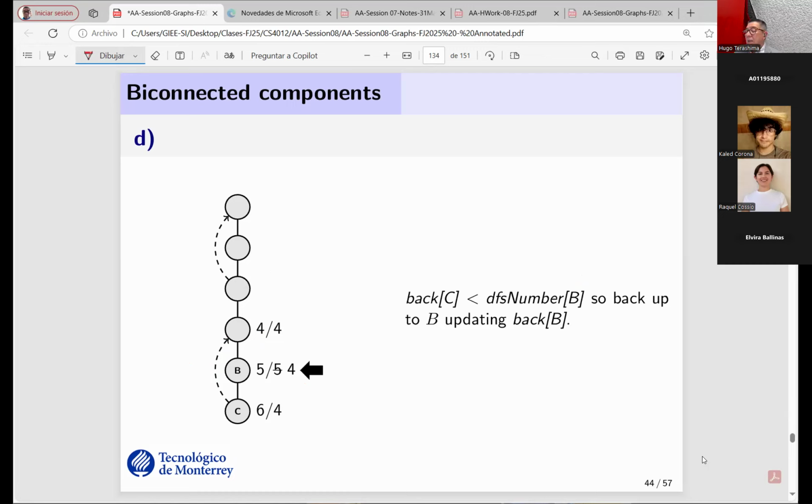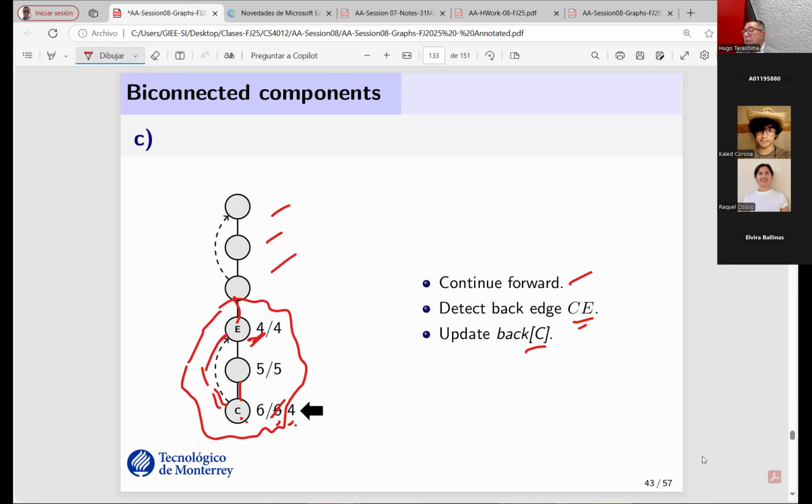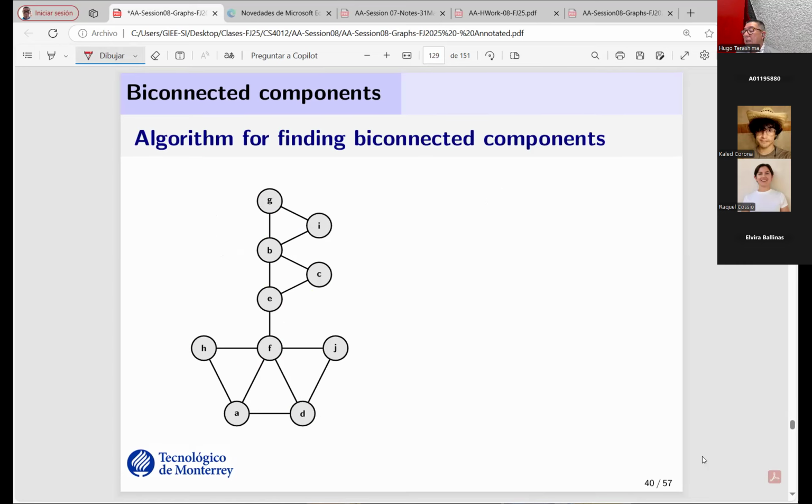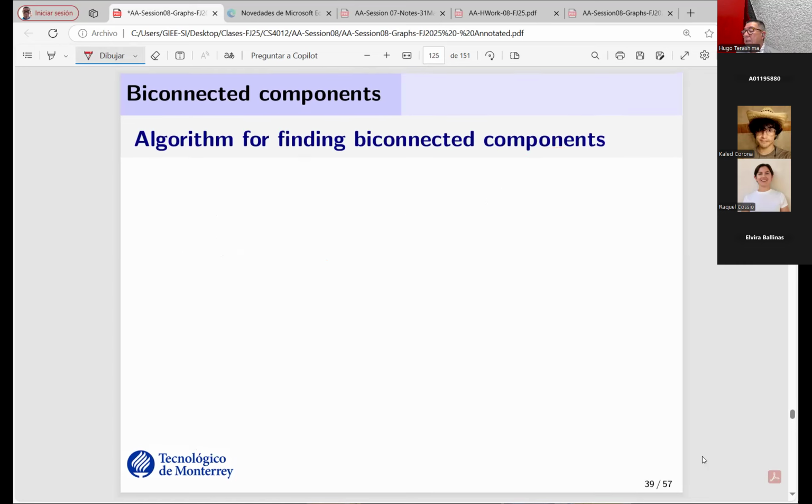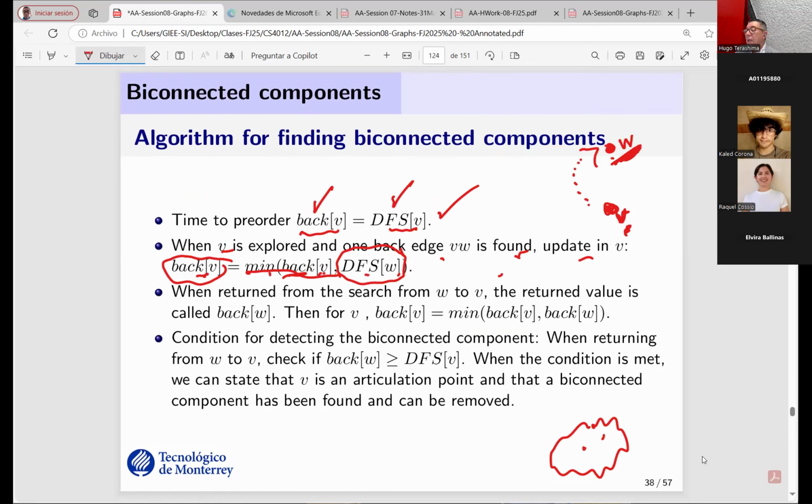Then it finishes here, and when it goes back, because it backtracks, there's another condition in the rules. Let's see. When returning from the search from W to B, the return value is called back of W, right?